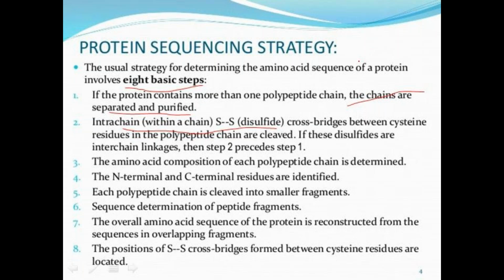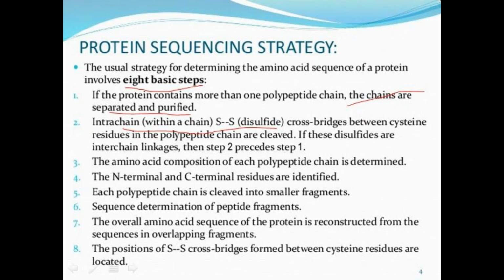If these disulfides are interchain linkages, then the second step must precede the first step. That means we have to do the second step first. The second step is the separation of the polypeptide chains by cleaving the disulfide bonds.